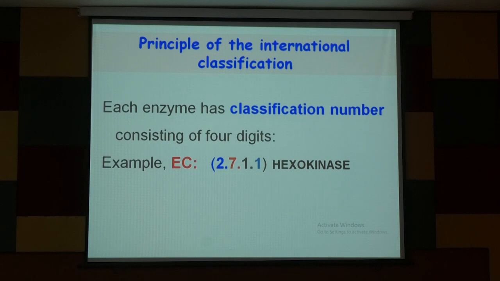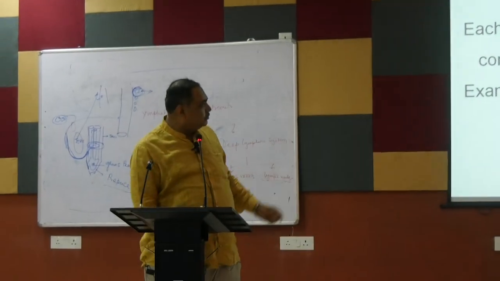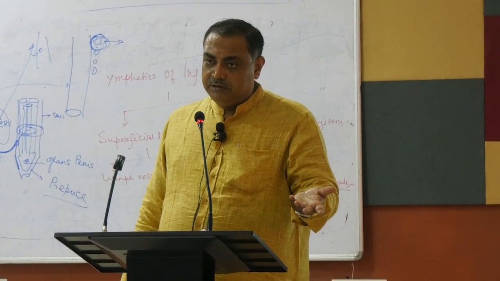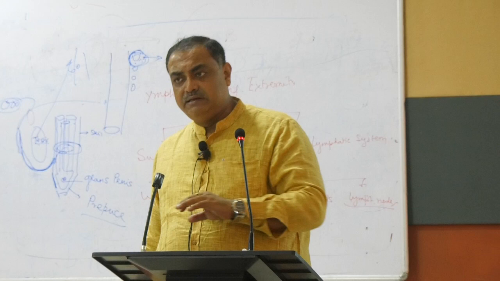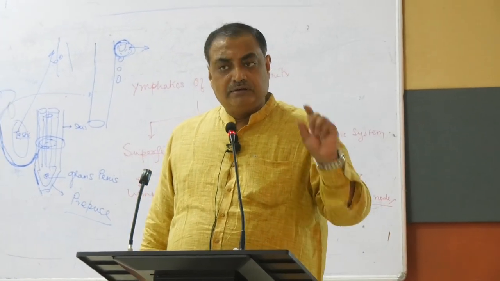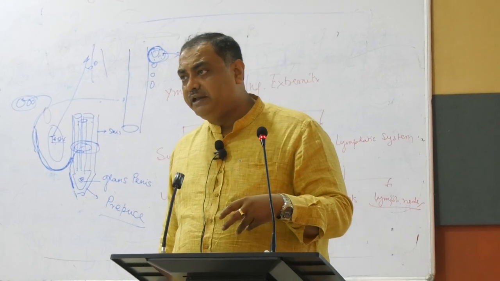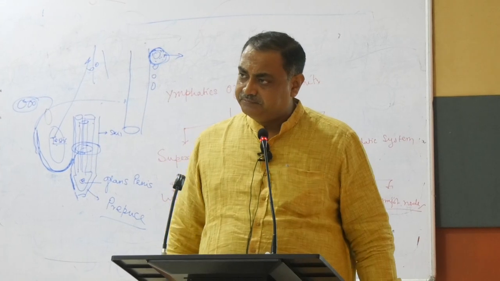Which major class they fall in, 1 to 7. Depending on that, they will put this one, and then comes the subclass, whether they are taking phosphate, giving sulfur, taking something else, giving something else. That portion they have to define. From which compound they are taking, that portion defines the subclass.